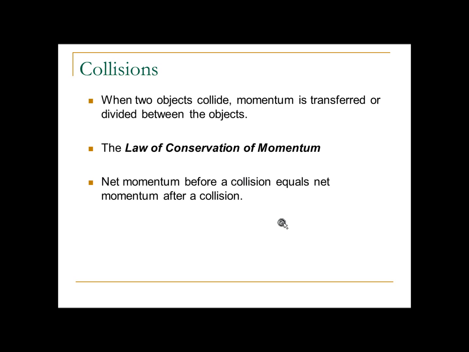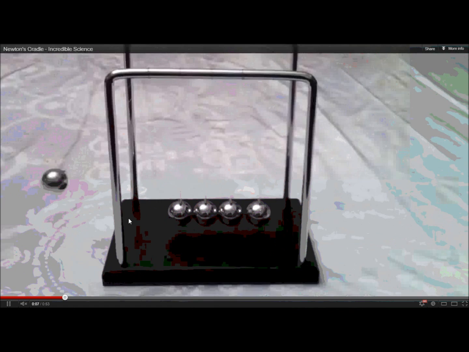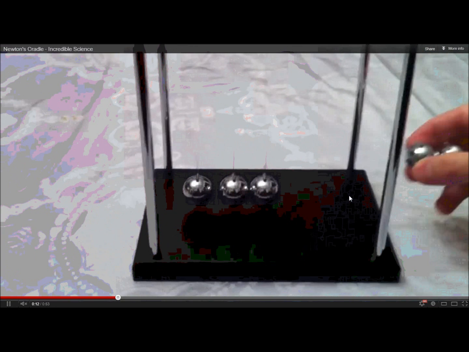A really good example of this idea of conservation of momentum is a Newton's cradle. In a Newton's cradle, if you pull back one of the balls, then the ball on the other end will pop back up. So one pops, one pops. Now he's going to pull back two. So now the two balls have a certain amount of momentum.